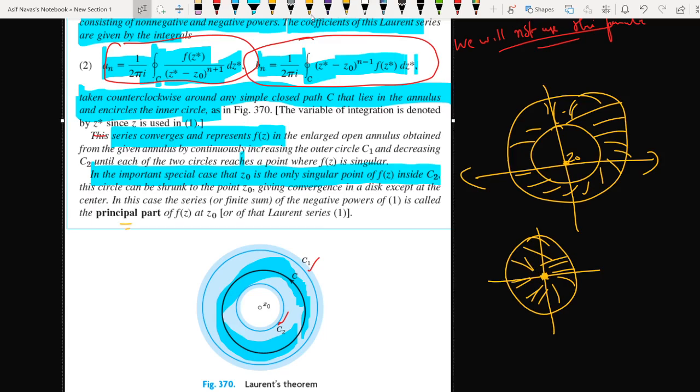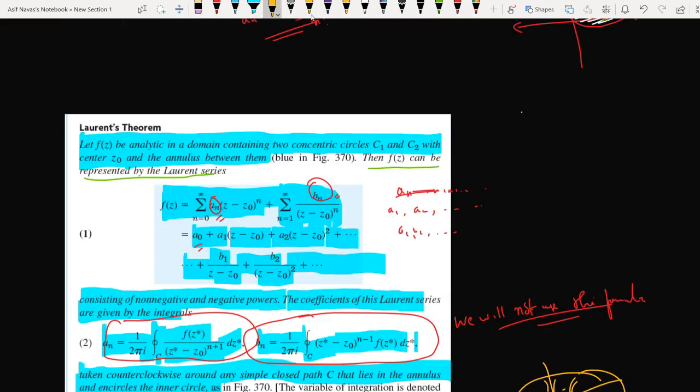Now one more important thing: the part of the expansion with the negative powers is called the principal part. So what is the principal part?